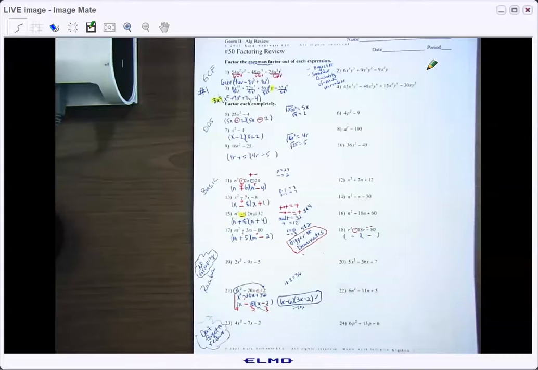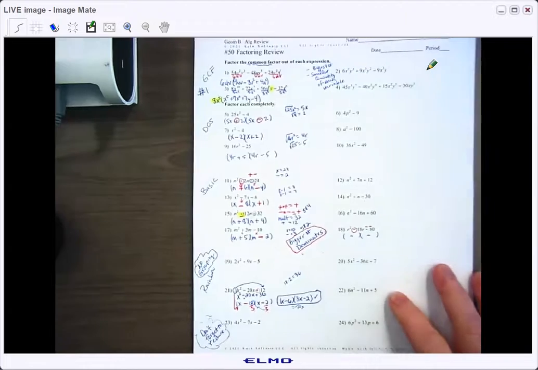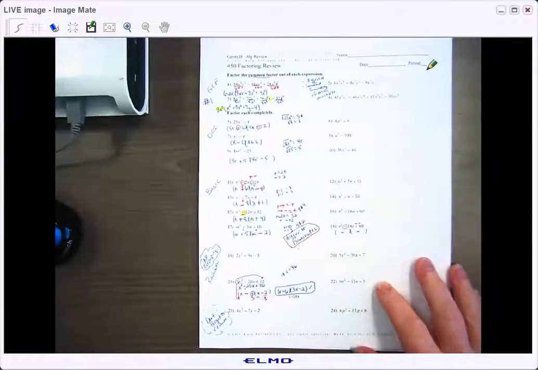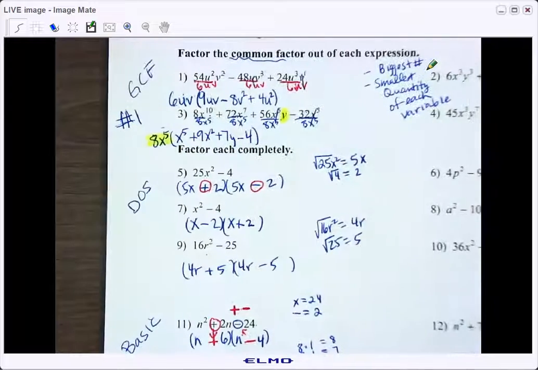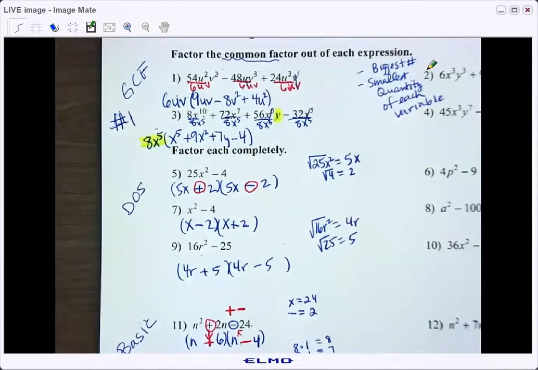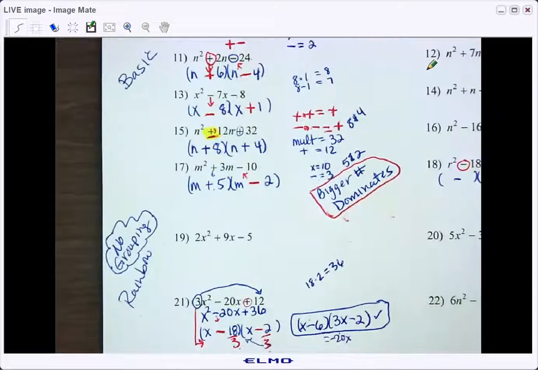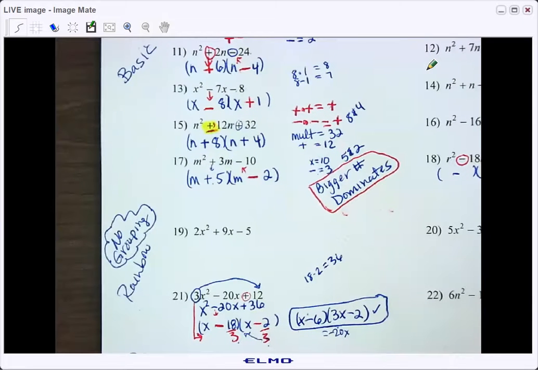Okay. Let me make it a little bit bigger in case people needed a bigger picture. Okay, so there's that part. Okay, for pictures. And then this part.